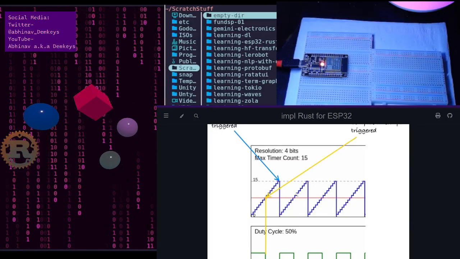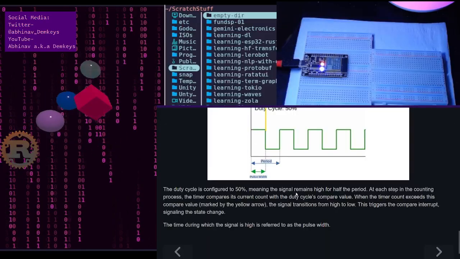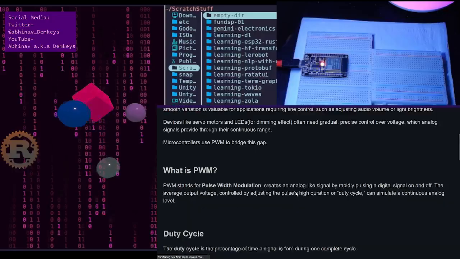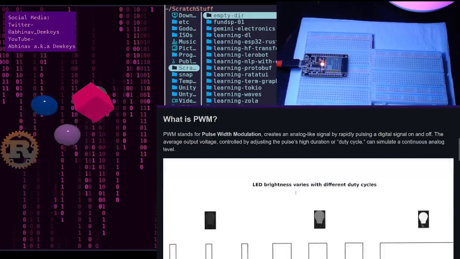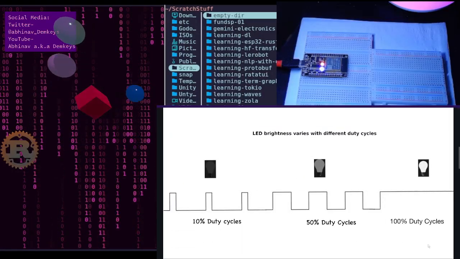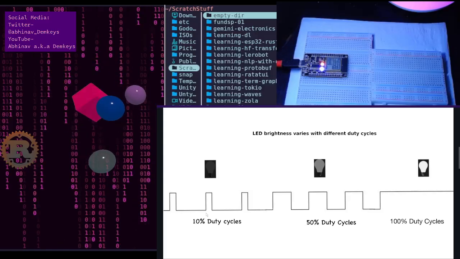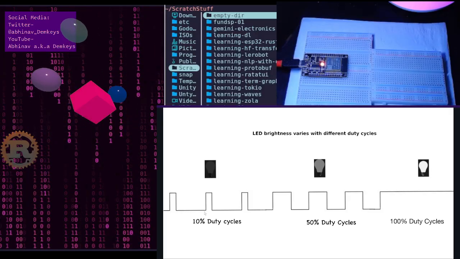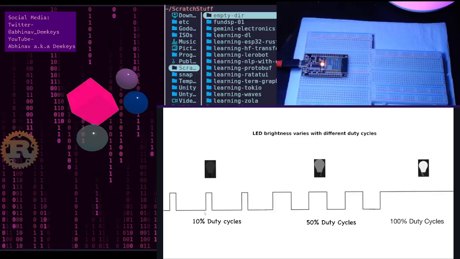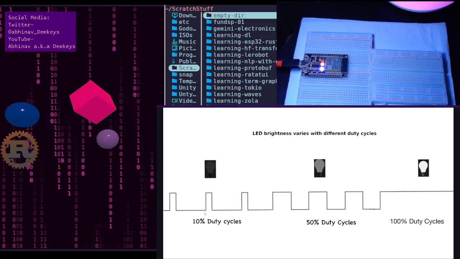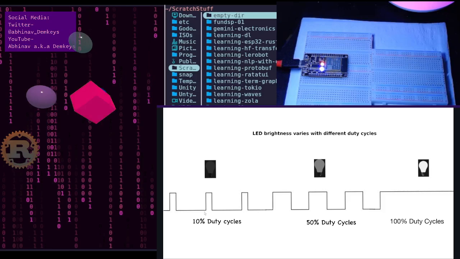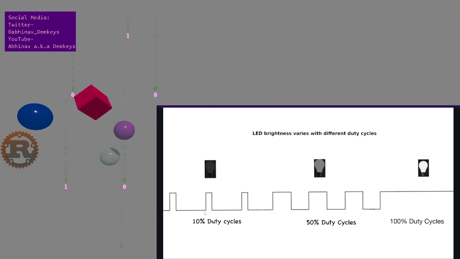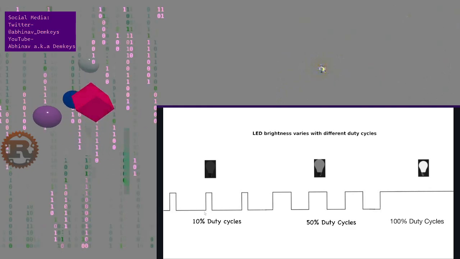Sorry, zoned out. Okay, we need to go one step back. What is PWM? PWM stands for so and so. Okay, 10% duty cycle. So it's basically just on and off. We are not controlling the level. The level is either 0 or 1. So that part is digital, that part is binary. However, what we are controlling is the duration of how long it remains on.